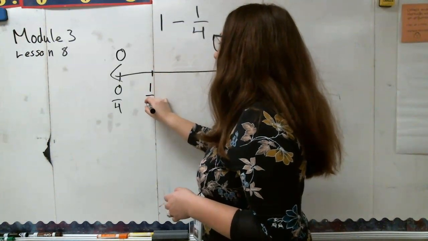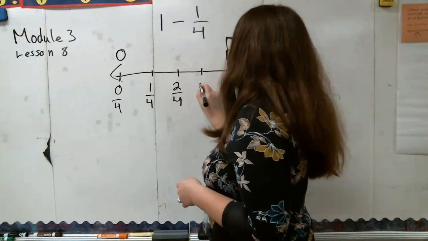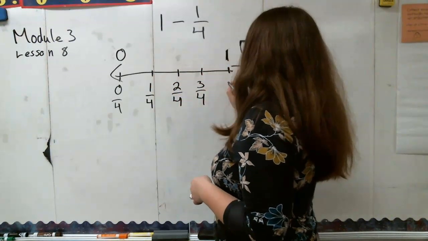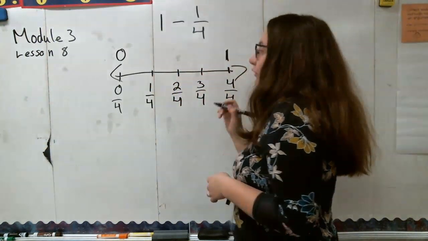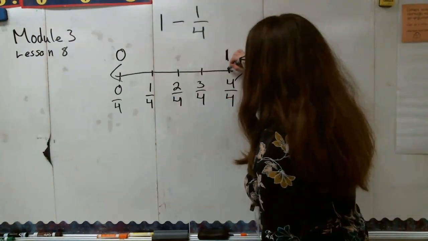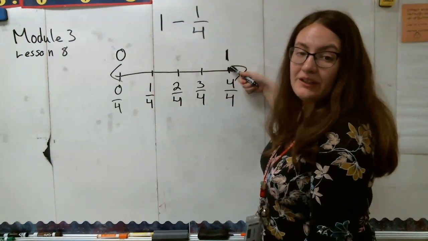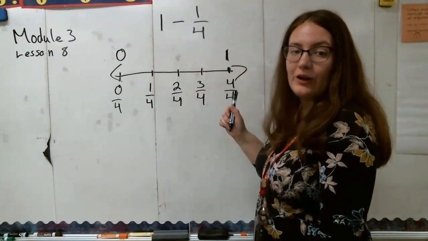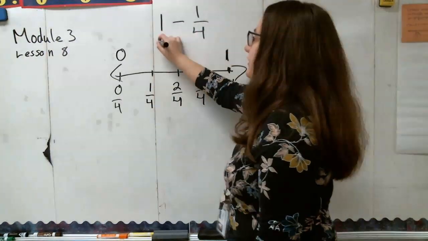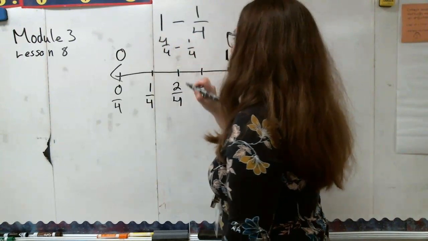Over here would be 1/4, 2/4, and then 3/4, and then this one right here would be 4/4. Now remember, we're starting at 1, and then we're subtracting 1/4. So it's almost like you're just solving for what is 4/4 minus 1/4.